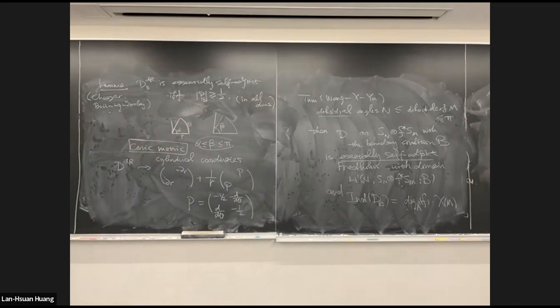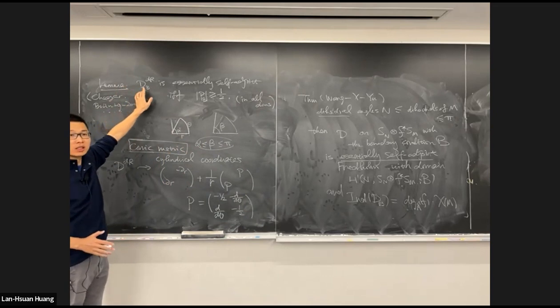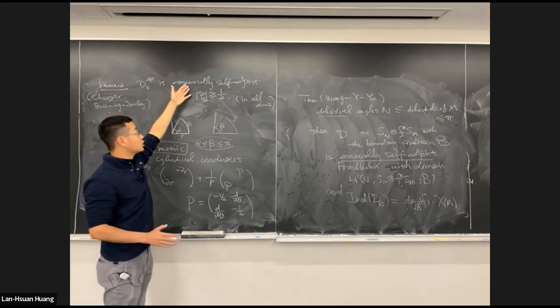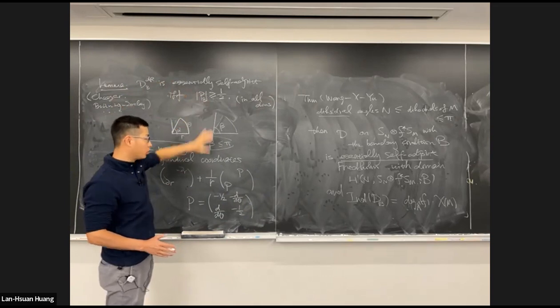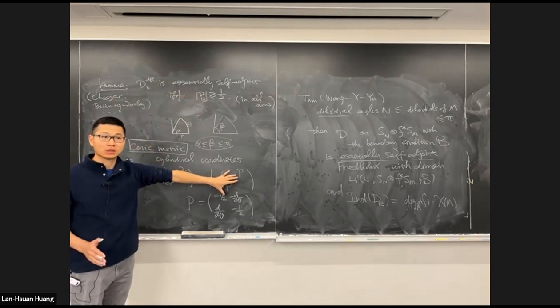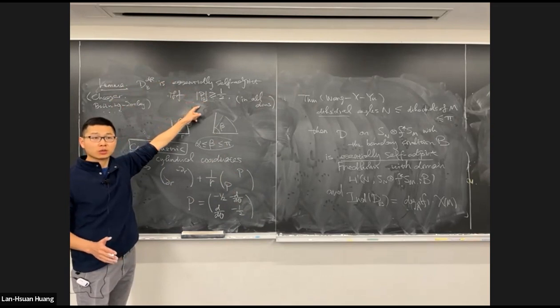Is there also an angle condition? No, this is very abstract, I don't even have to state it, it doesn't have to be this operator. It's just that some geometric differential operator is essentially self-adjoint if and only if, in a conic metric, the corresponding operator on the link that I wrote down in cylindrical coordinates has spectral gap at least 1/2.